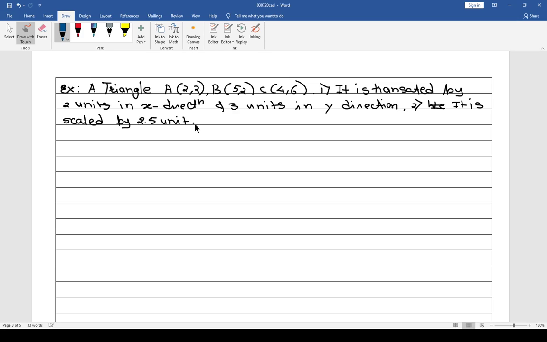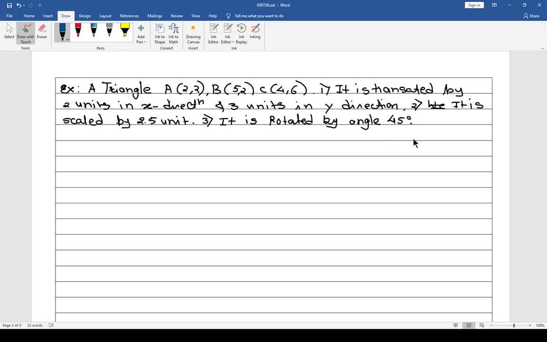So it is in all directions, and then it is rotated by angle 45 degrees.